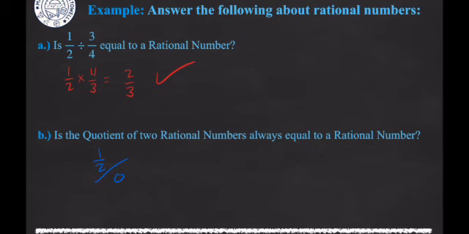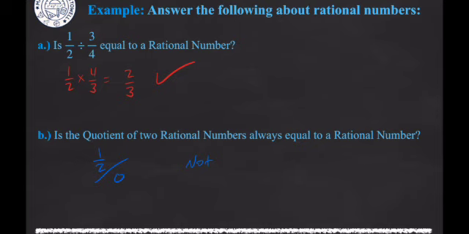That is undefined. So this is going to be undefined. So is it always a rational number? No. We could have it undefined. However, this would not be able to be an irrational. So it's either a rational number or it's undefined.